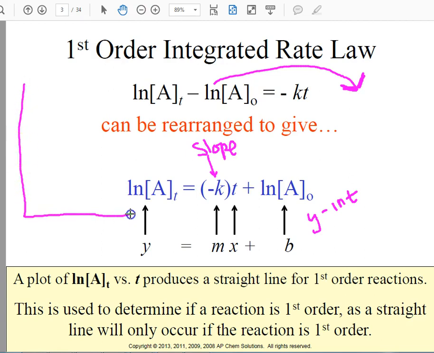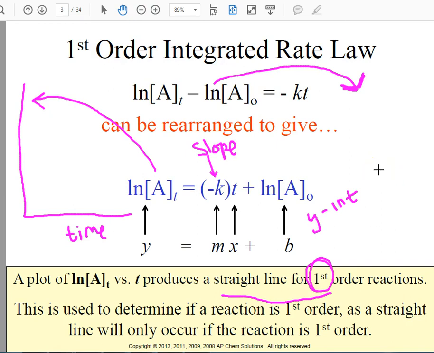So here, if it's first order, we can put time along the x, put natural log of the concentration along the y, and plot, and we should get a straight line as long as it is first order. If the reaction is any other order, this equation is not true, and so this graph will not be a straight line.